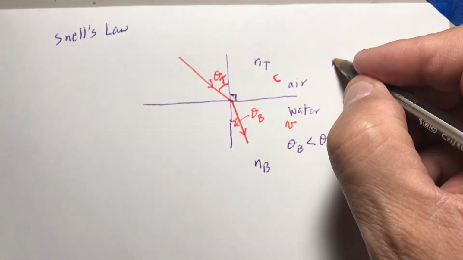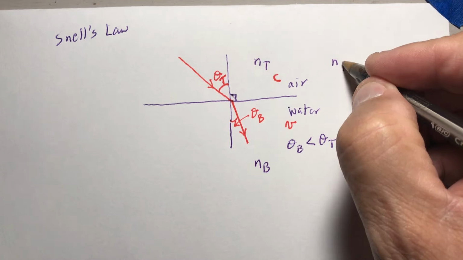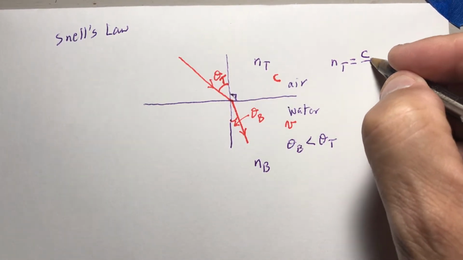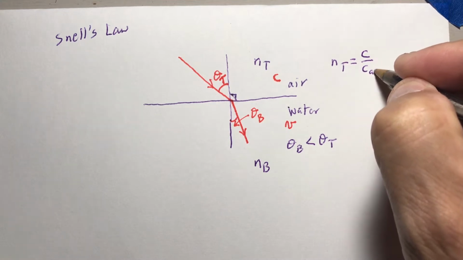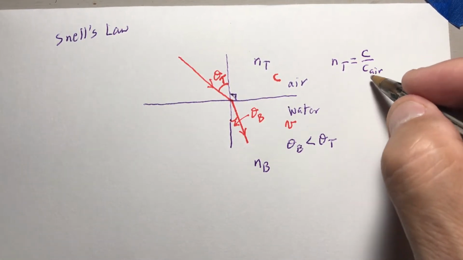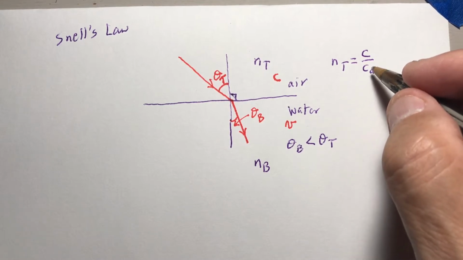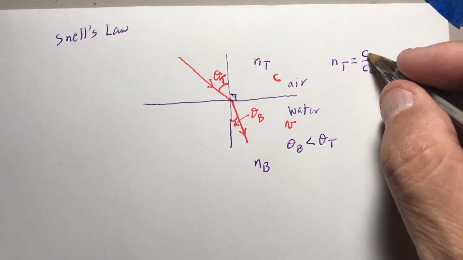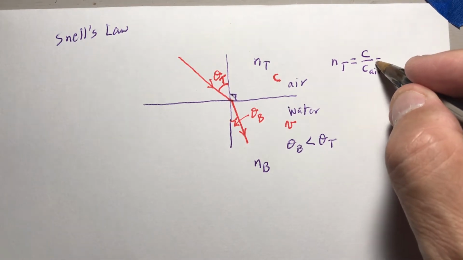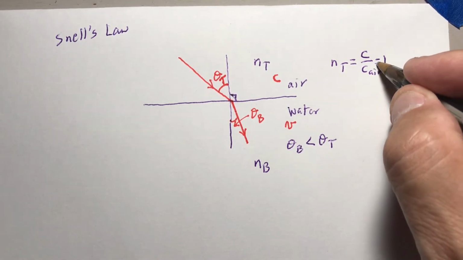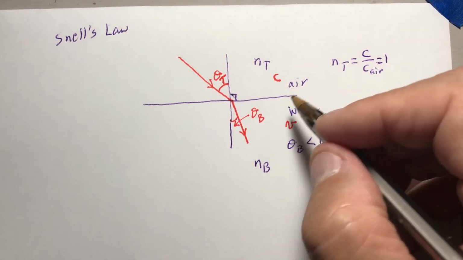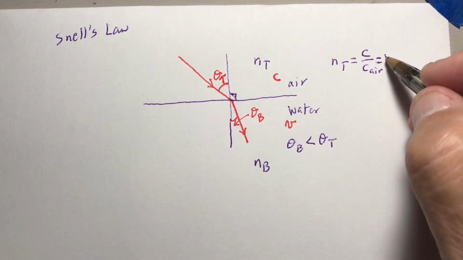So n top is equal to the speed of light in a vacuum over the speed of light in air. Now we assume that the speed of light in air is closer or equal to the speed of light in a vacuum. So here we just have 1. So the index of air is considered to be 1.